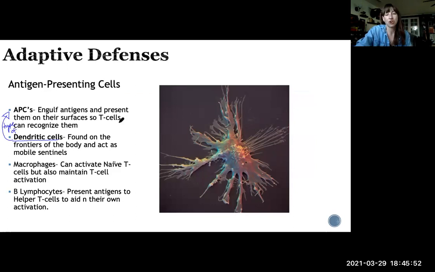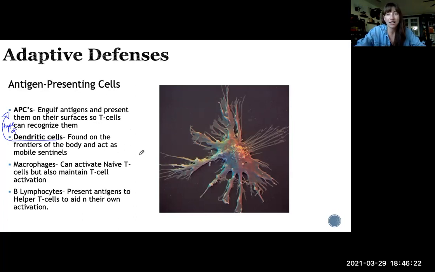APCs, they engulf antigens. So they phagocytize antigens or non-self stuff, and then they present chunks of their victims on their surface to T cells, okay? Which is kind of metal if you think about it. So they have little chunks of their victims on their exterior plasma membrane, which they then take to a T cell and say, look at this.